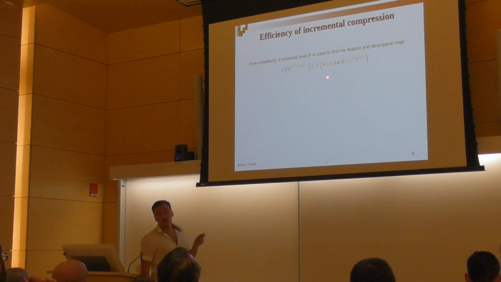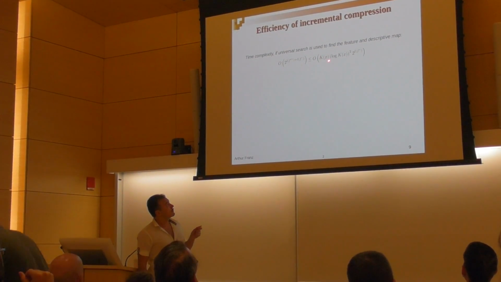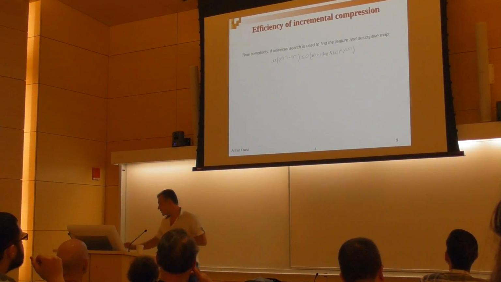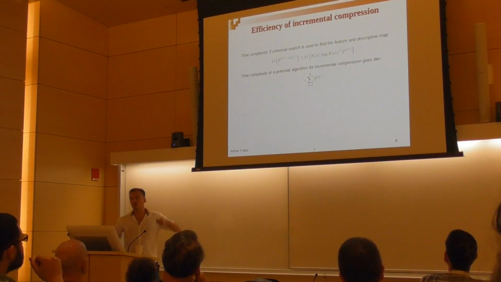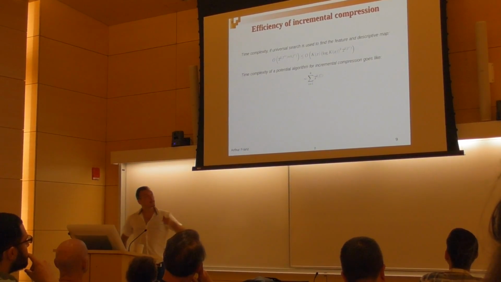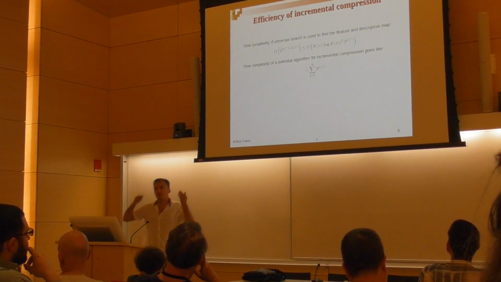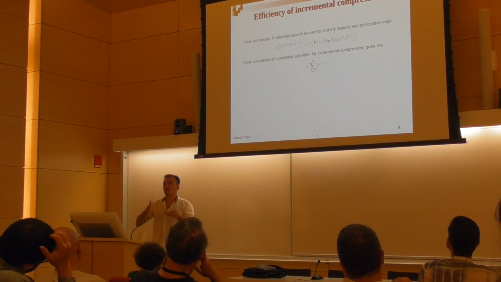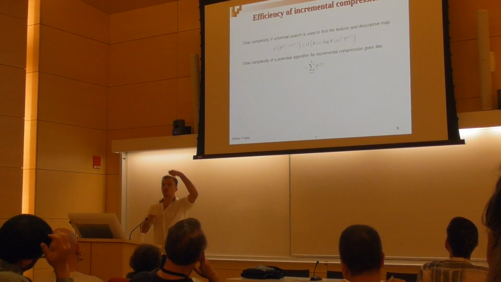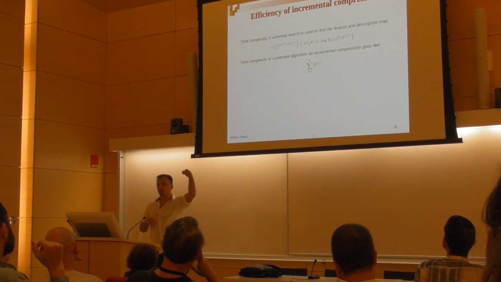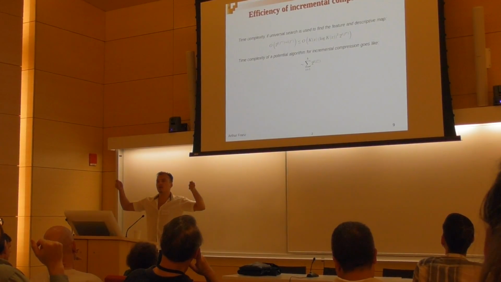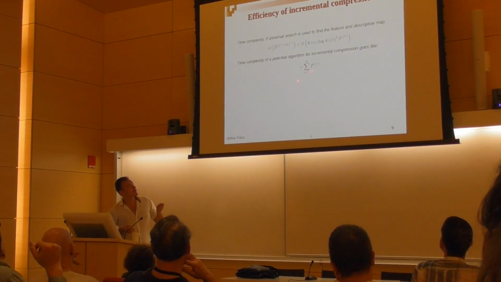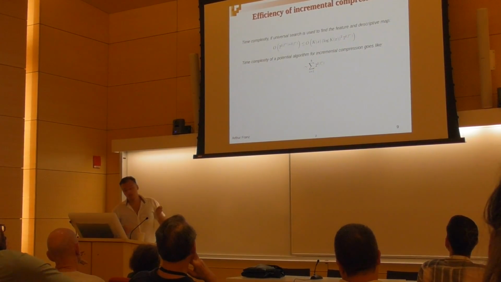And if we insert the bounds that I have derived, you arrive at that expression for the descriptive map. And then you do the same at every compression step. Once you have found the first feature and are looking for the second and third and so on, you don't have to track back and update the first. The time complexity just goes linearly with the number of compression layers that you have.